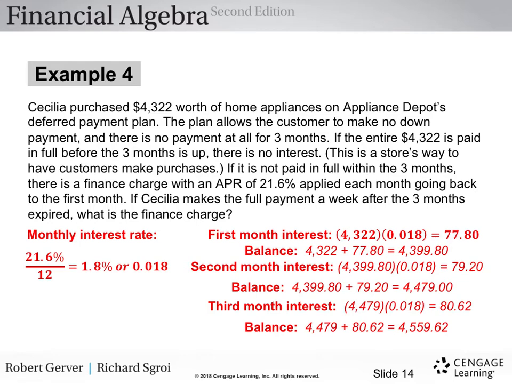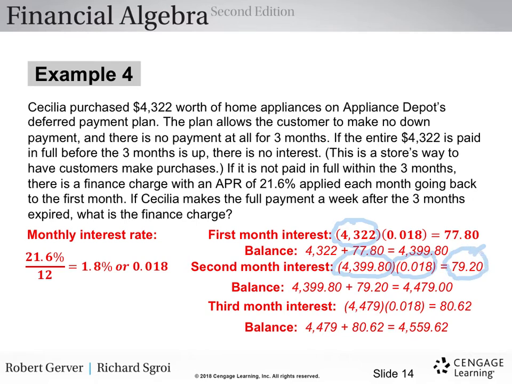All right, so let's look at what happens after the second month and the third month. The second month, the balance is no longer $4,322, it's now $4,399.80 with added interest. The interest rate is still the same, 0.018. But now the interest for the second month is $79.20.